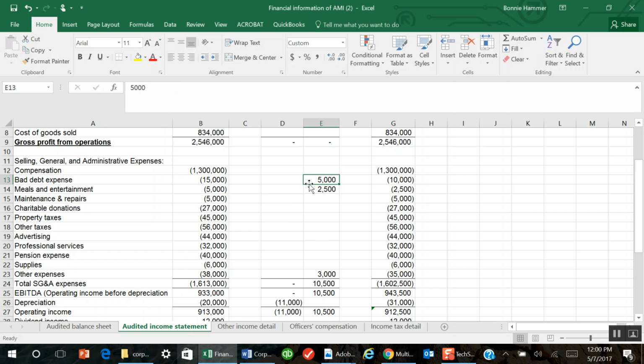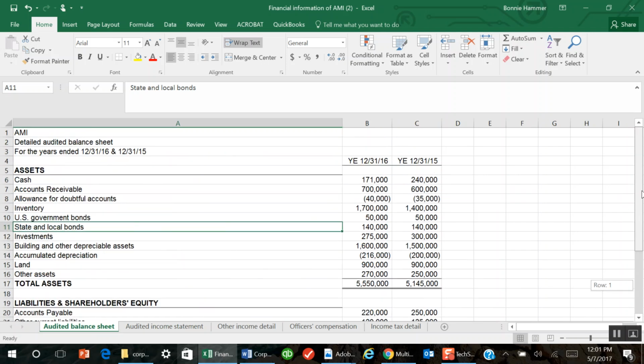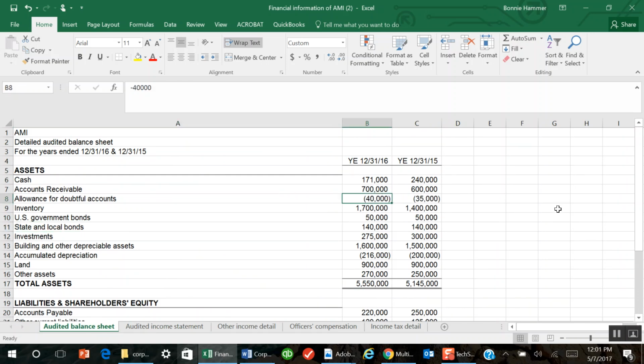The other way you can arrive at this $5,000 M-1, and this is how we typically do it, is through what's called the balance sheet method. We would take the ending AR allowance and subtract from it the beginning AR allowance. So 40 minus 35 is $5,000.